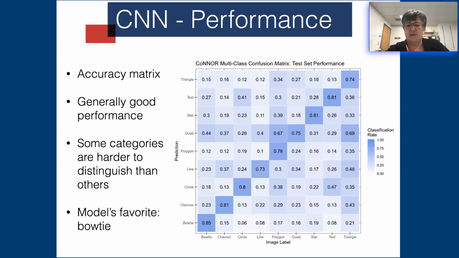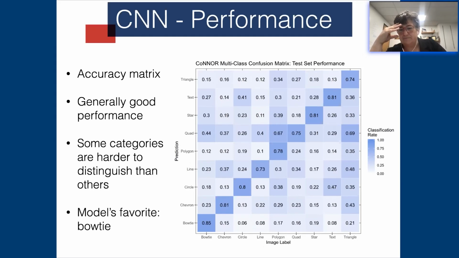So the worst one here is in the 4th row in the last column, 0.69. So that's all of the predictions that were made for a quadrilateral that were actually a triangle. So generally, the model has problems counting the number of corners of an object.